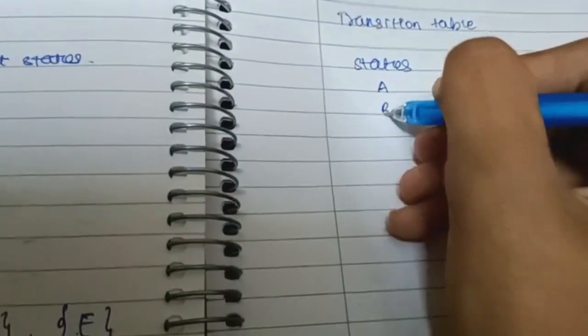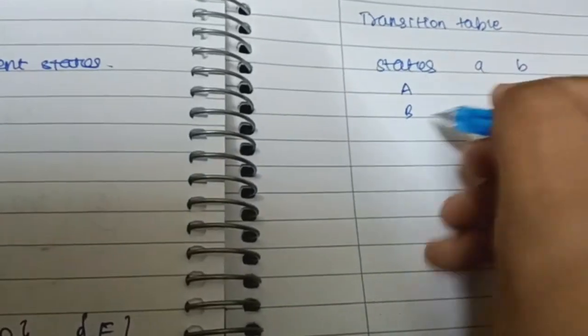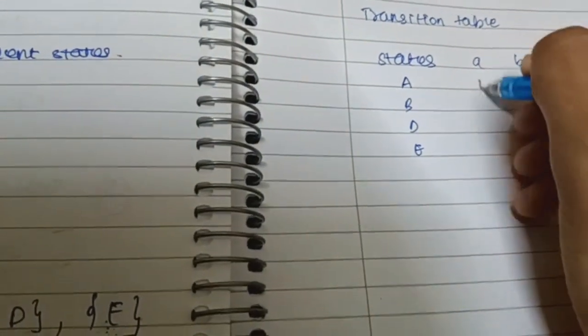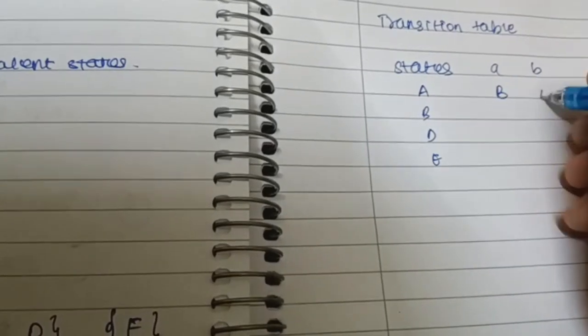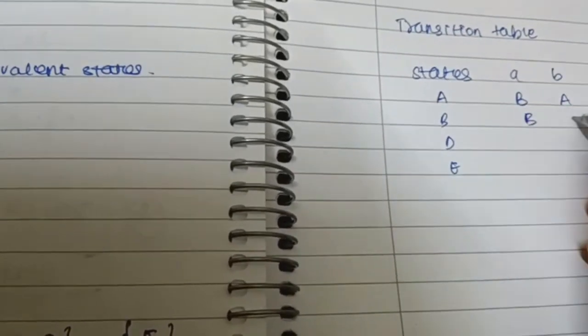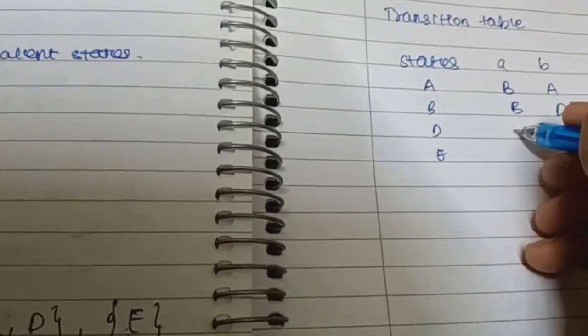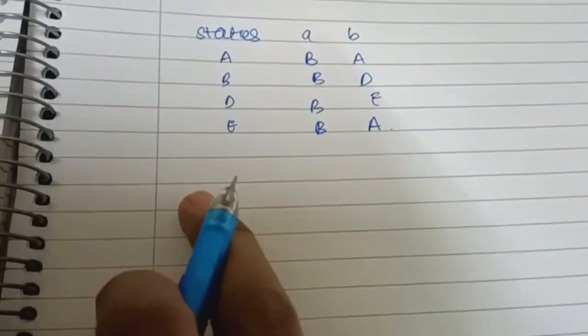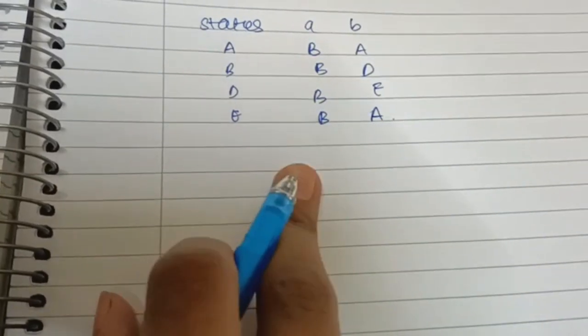A, B, C will not be considered now, so D and E. A will be translated to B. Instead of C I'll write A, B, D, instead of B, E, and here instead of C I'll write A. So this is my minimized, or optimized, DFA transition table.